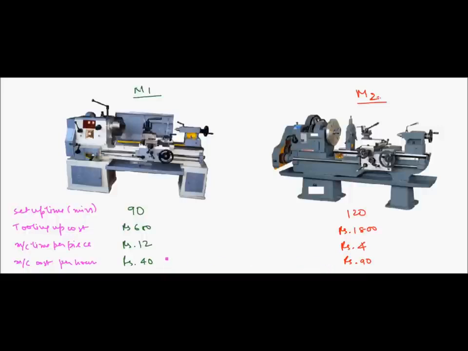So now there are some things for which M1 is cheaper than M2, whereas there are some things where M1 is costlier than M2. So we have to find out on an overall basis whether M1 is cheaper or M2 is cheaper to perform the job. So let's find it out.